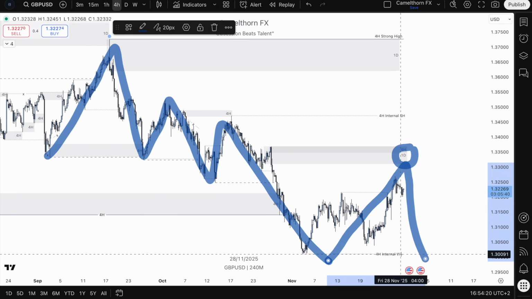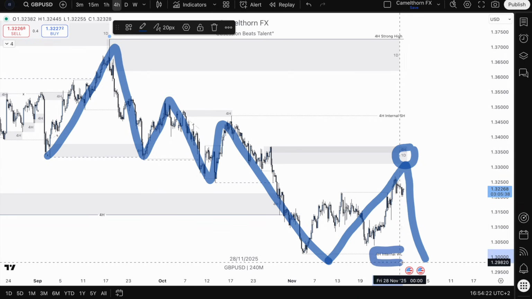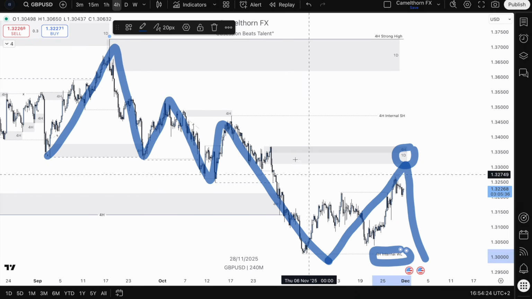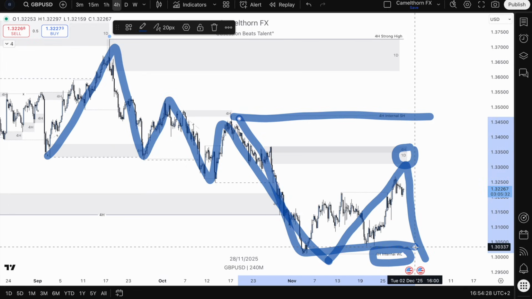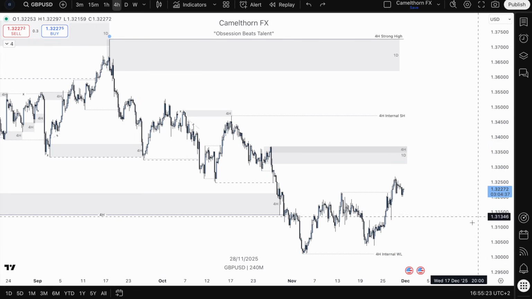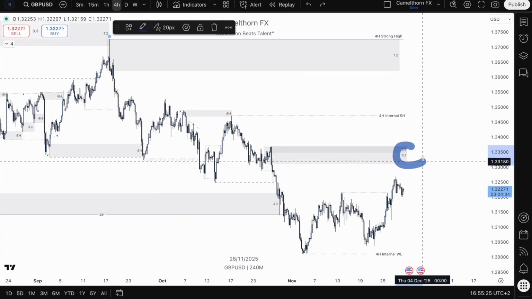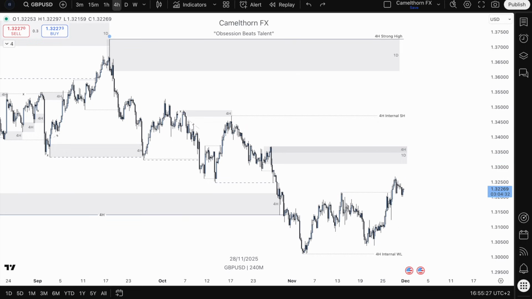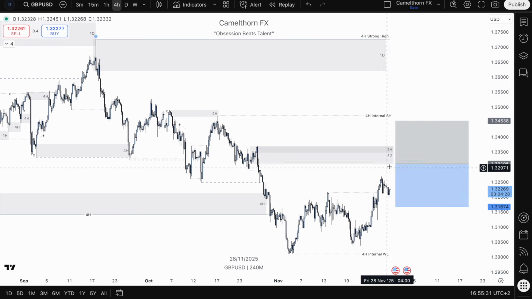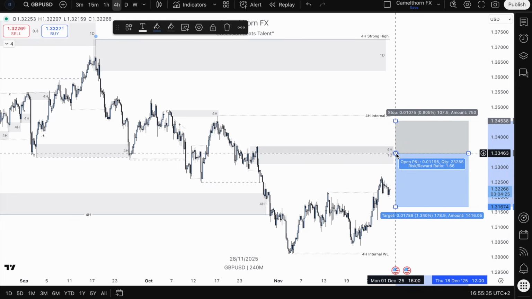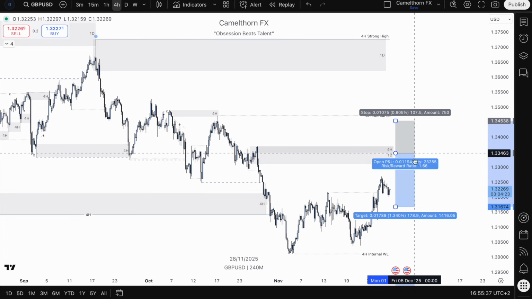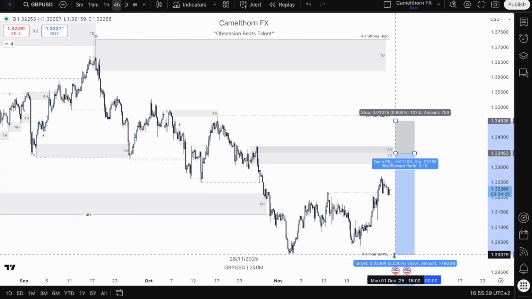This will allow us to target this 4-hour internal weak low, which is the current objective of this established 4-hour internal range. Now we have the option to trade this area directly here on the 4-hour time frame by placing a sell limit order either directly at the open of daily supply or at the open of the refined 4-hour supply and target the internal weak low.